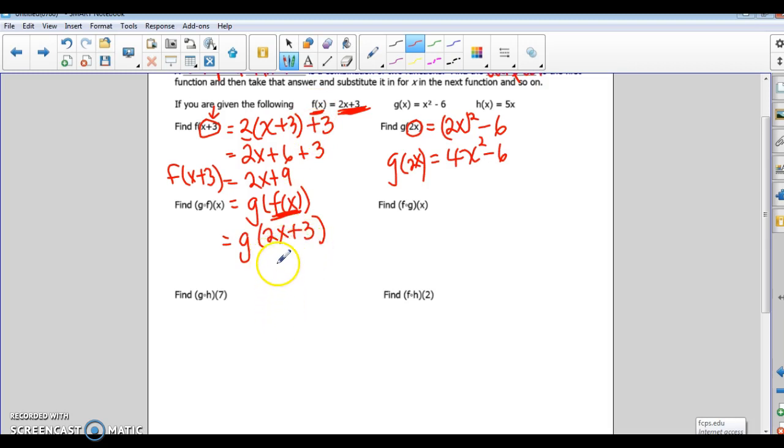Now f of x is gone, we don't have to worry about that. Now it's about g, so we have to go to g of x and replace x with 2x plus 3. So we're going to go to g of x. g of x was right here.